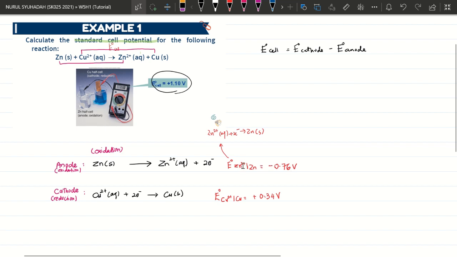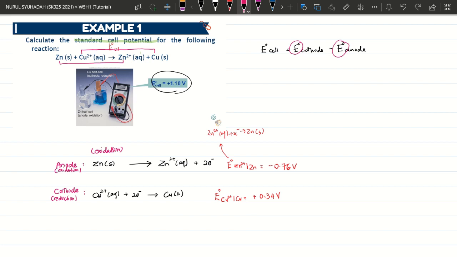This is totally different from what you have learned in chapter 2. Why don't we have to reverse the value? Because in the equation, it is the E0 value, and the E0 half cell represents standard reduction.